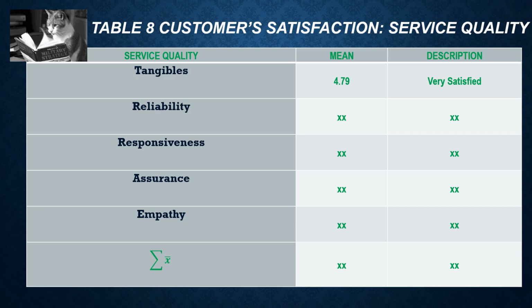For the tangibles, the overall mean is 4.79, which is very satisfied. I marked the others with an X because they are not yet solved. So this is your task to solve. You can do this in your group. You make this Table 8 official. This is the overall result: customer satisfaction, service quality as a whole. Okay?